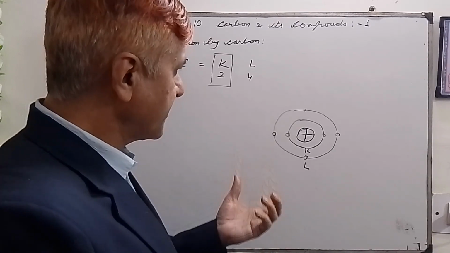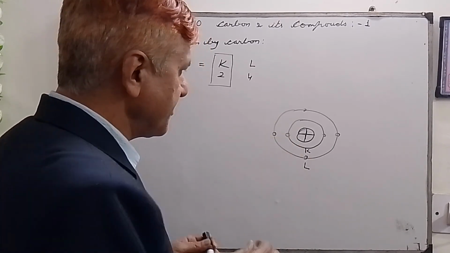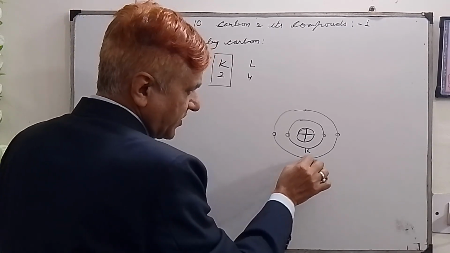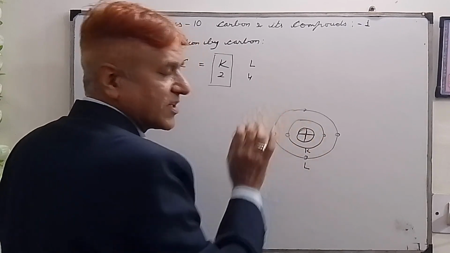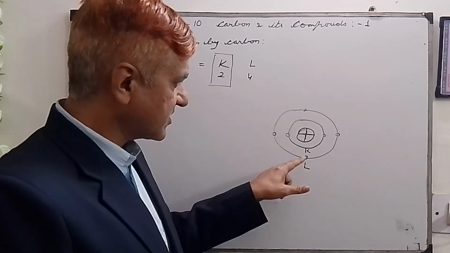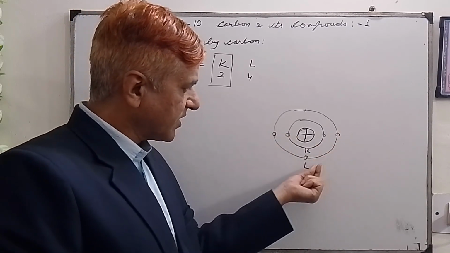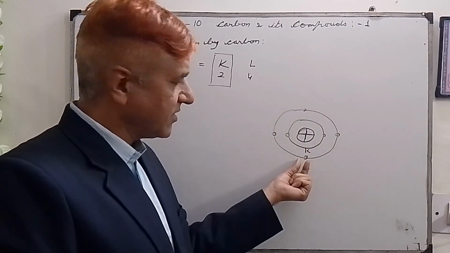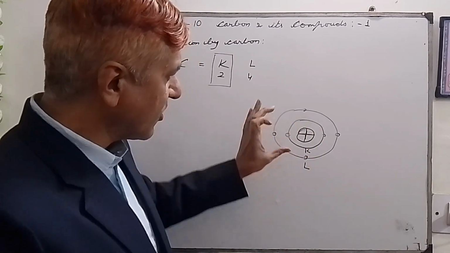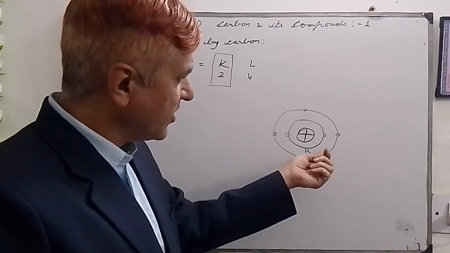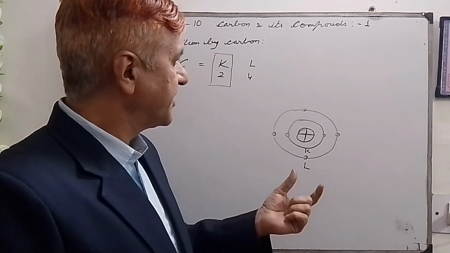So what is the effect of that? The electrons in the outermost shell are tightly held by the nucleus, because this orbit is very close to the nucleus. So these electrons lying in the L shell will be very tightly held by the nucleus. It is not possible for the carbon atom to remove or give these electrons.